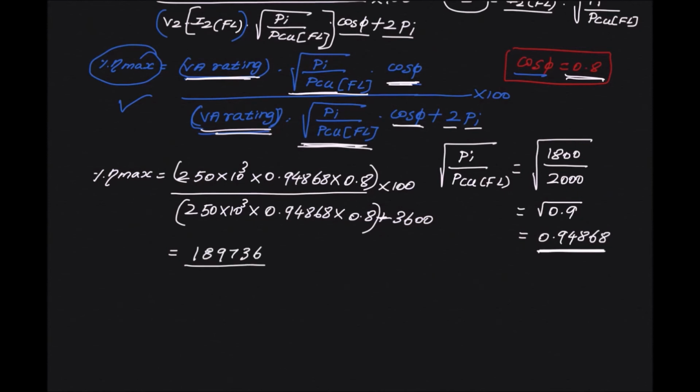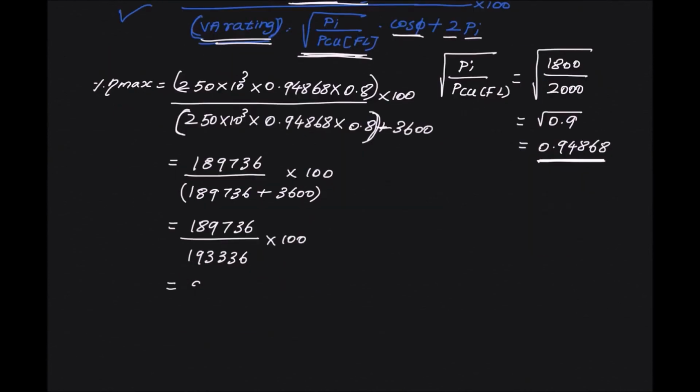Which is equal to 1,89,736 divided by, the denominator also will be the same, 1,89,736 plus 3,600, into 100. If you add these two, we get 1,89,736 divided by 1,93,336 into 100, which is equal to 98.137 percentage.